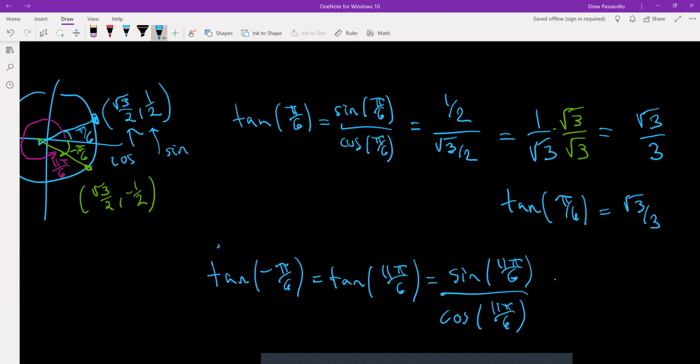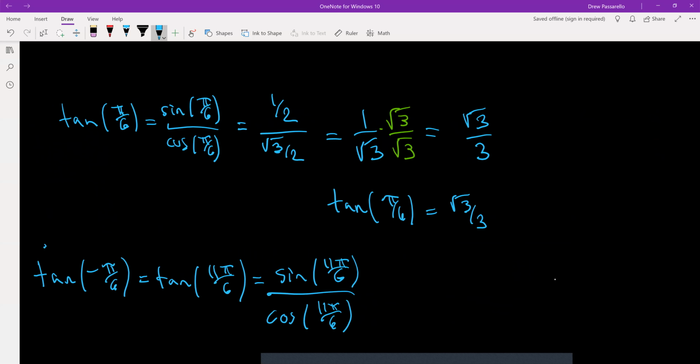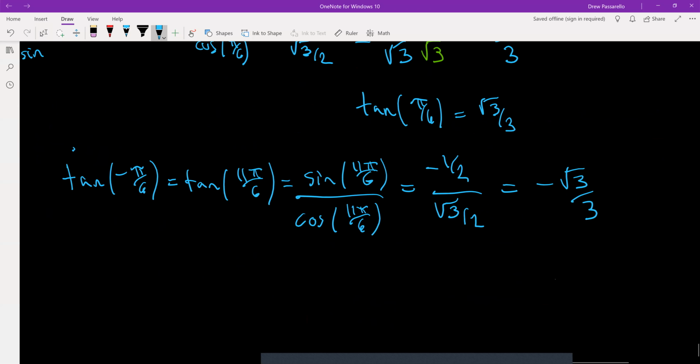And we basically have the same setup, it's just now we have negative 1/2 for sine. So it's negative 1/2 over square root of 3 over 2, which is going to give us square root of 3 over 3, but it'll have a negative sign. All right, so tangent of negative pi over 6 is negative square root of 3 over 3.